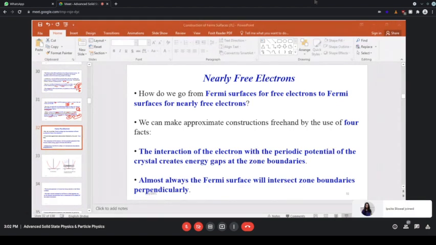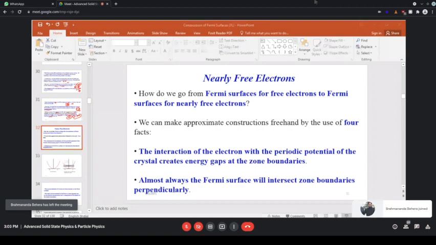If you consider that V is equal to 0, then it means that the electron is free.